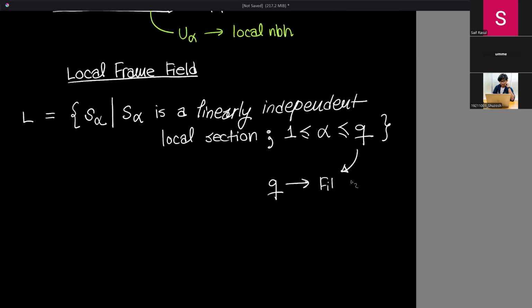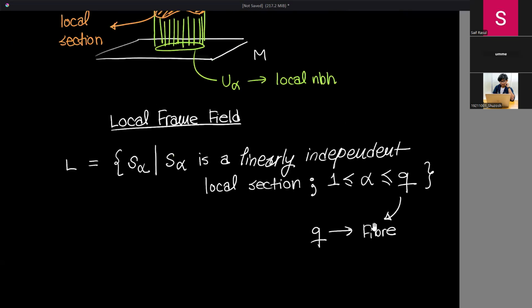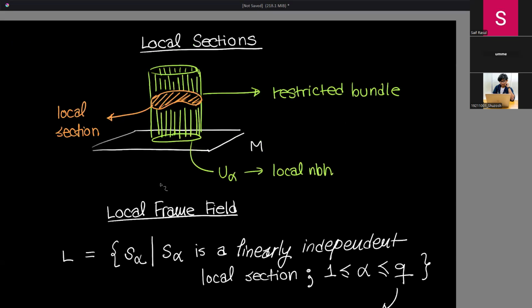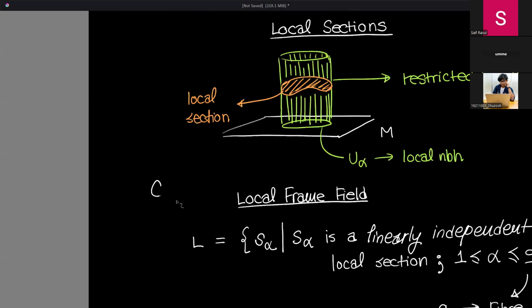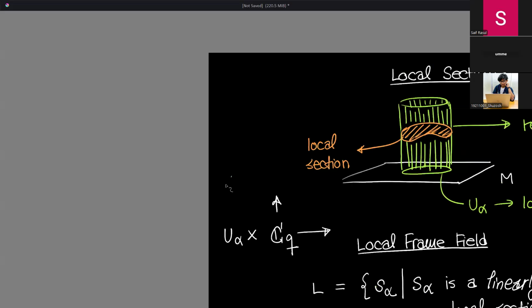The reason I said Q is I forgot to talk about what Q is this entire time. We were talking about C^Q, remember? So let me say it now. If we use C^Q in that definition, for example, U alpha cross C^Q, Q is what we call the dimension of the vector bundle. So if I say Q-dimensional vector bundle, I always forget to talk about the dimensionality.